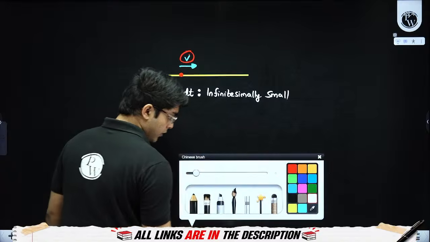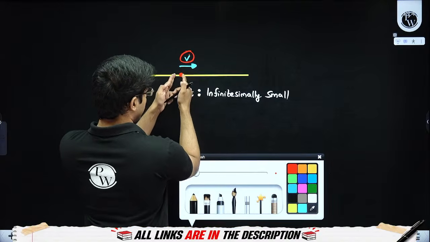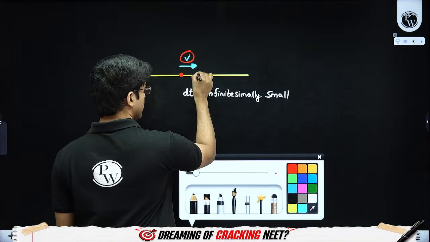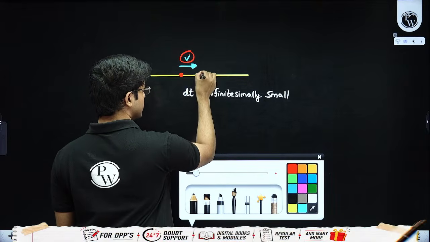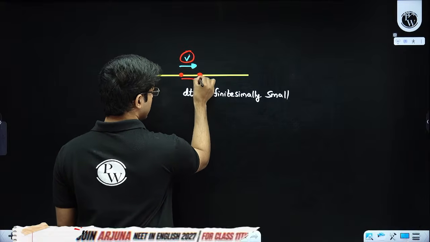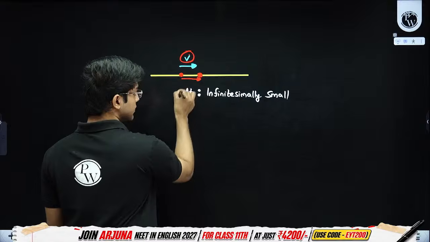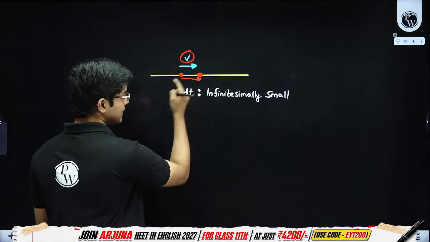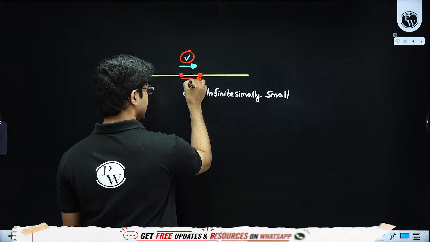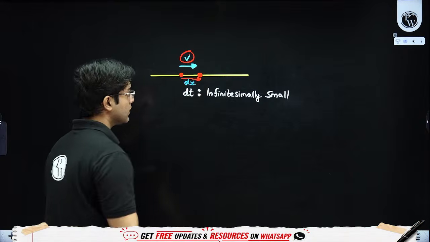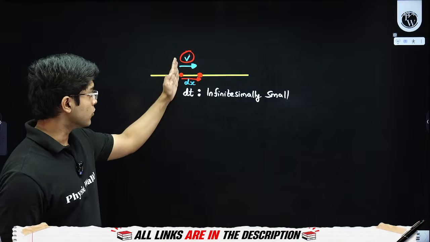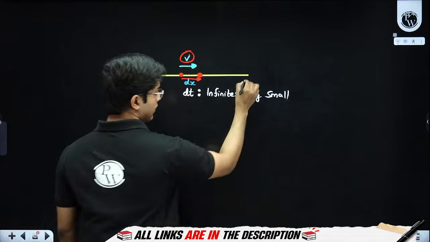In this time duration, of course, this particle will move to the right by some distance. I'm exaggerating it, but let's say it moved by this much. Because this is a very small time, the distance it covers will also be very small. That distance I am calling dx, x because motion is happening along the x direction.